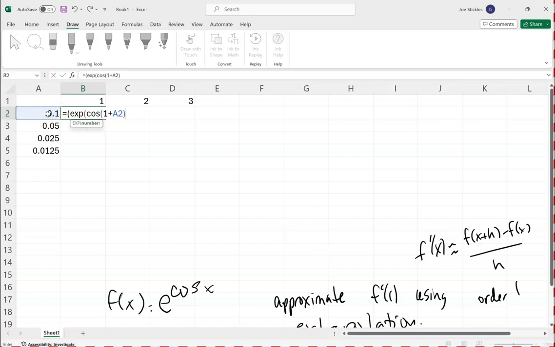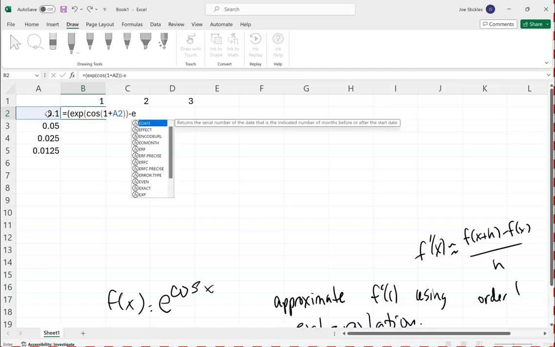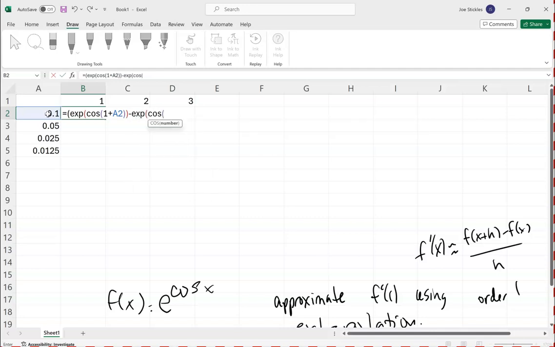So we should have, remember again, on Excel and in R, we use exp for the e to the power, right? So it's exp of cosine of 1 plus a2 here. What should go next? Yeah, just the x, and the x value in this case is just 1.